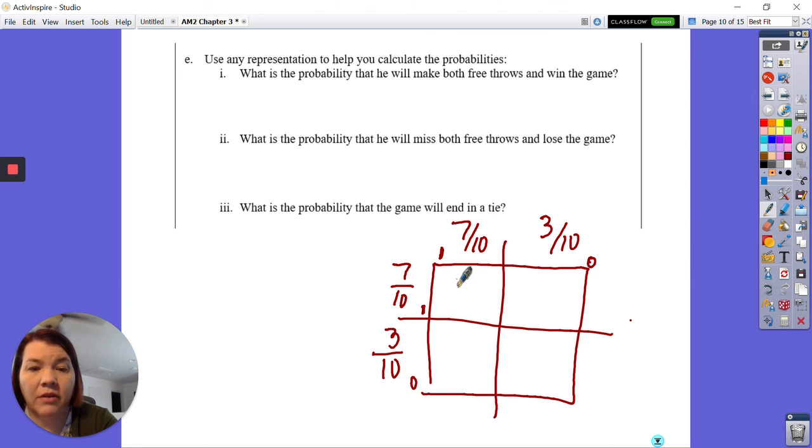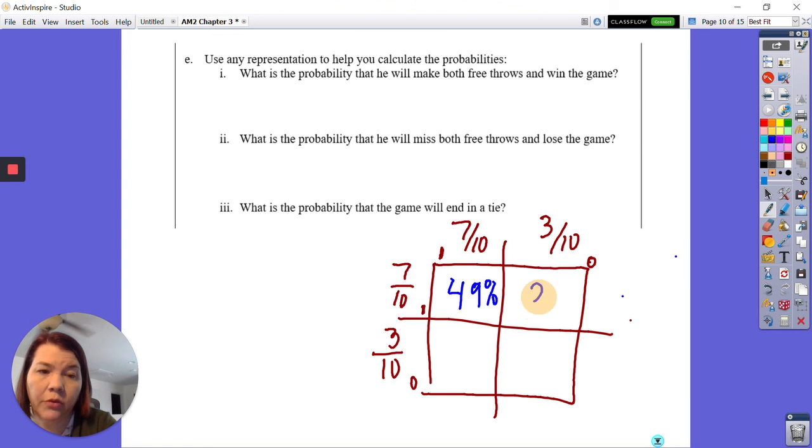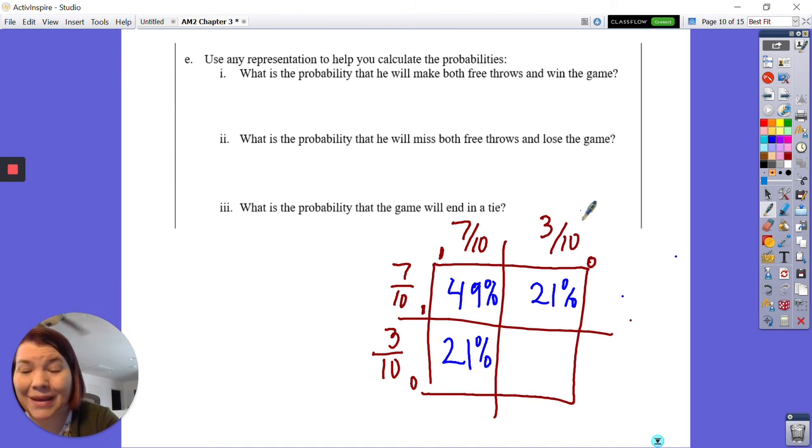So 7 times 7 is 49 over 100, so 49%. Let's use a different color in there, just for contrast, if nothing else. 49%. 3 times 7 is 21 over 100, 21%. 21%. 3 times 3 is 9 over 100, 9%.